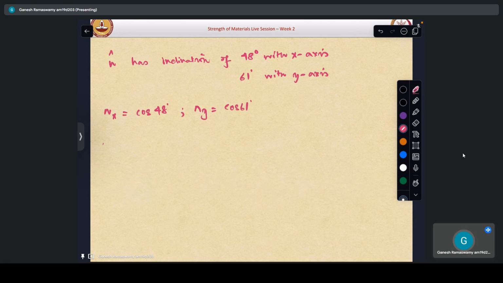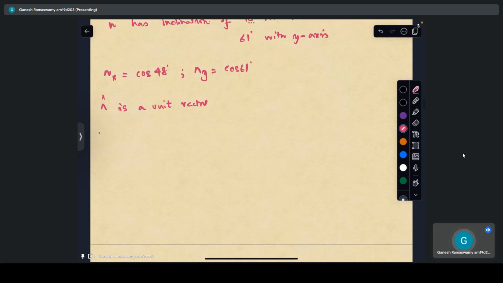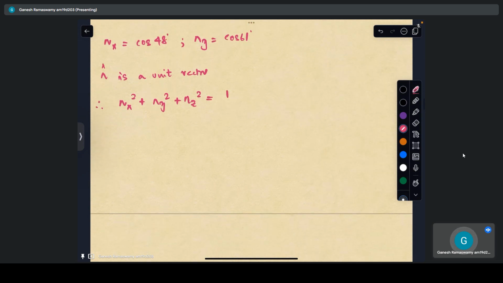Now we know that n is a unit vector. So therefore, nx squared plus ny squared plus nz squared is equal to 1. So from here, we can actually find out nz is nothing but root over 1 minus nx squared, which is cos squared 48, minus cos squared 61. So this is our nz.